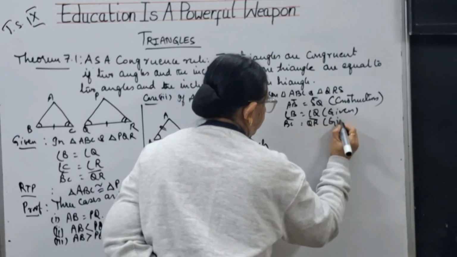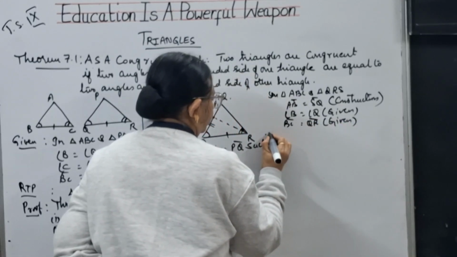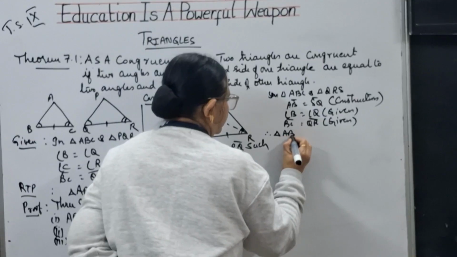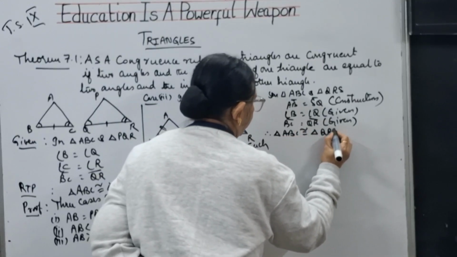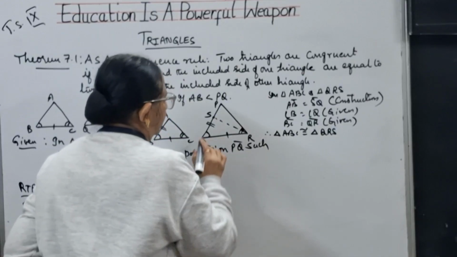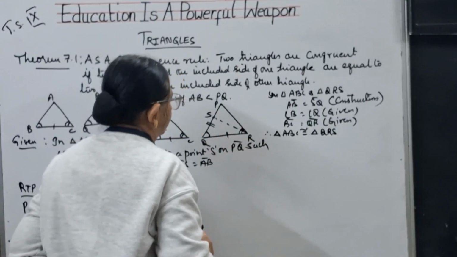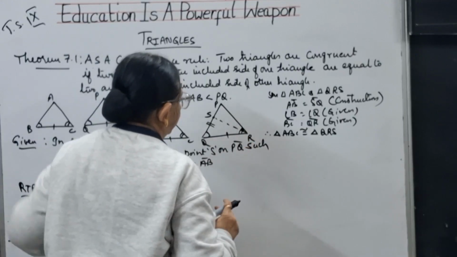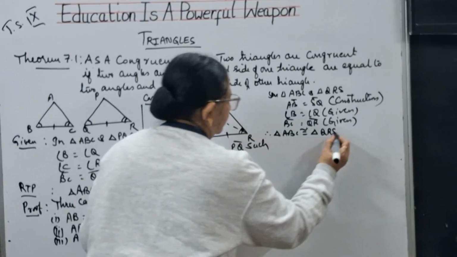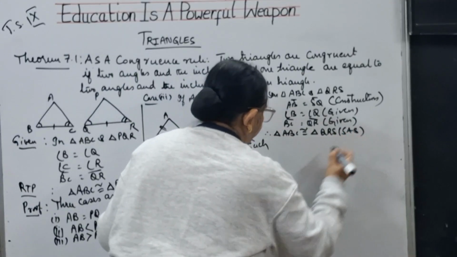This is also given to us. Therefore, triangle ABC is congruent to triangle QRS. This is basing on side angle side property, children.